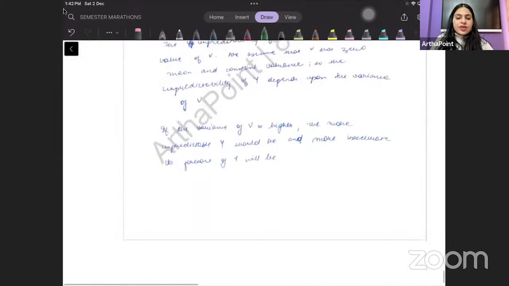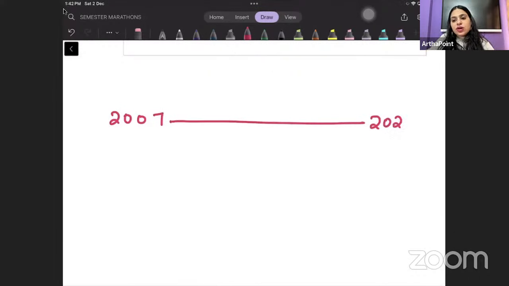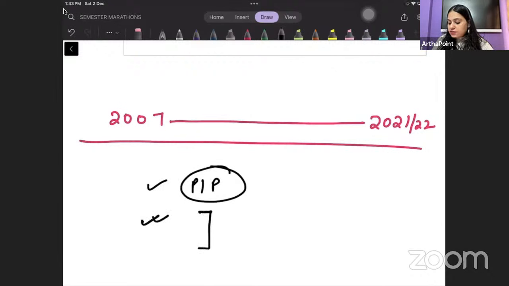And that's it. So you can notice that we analyzed papers from 2007 all the way to 2021-22, and there were fixed topics that were asked. They will ask you policy ineffective proposition. They will give you those 3 equations, and they will ask you to derive the model.